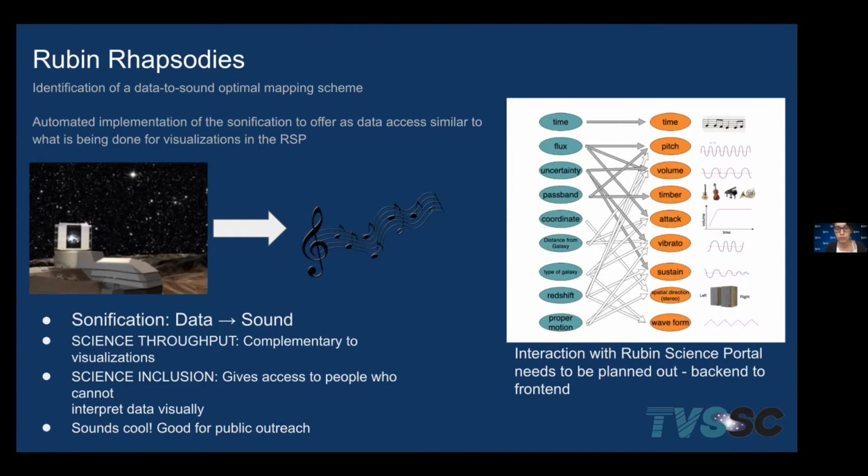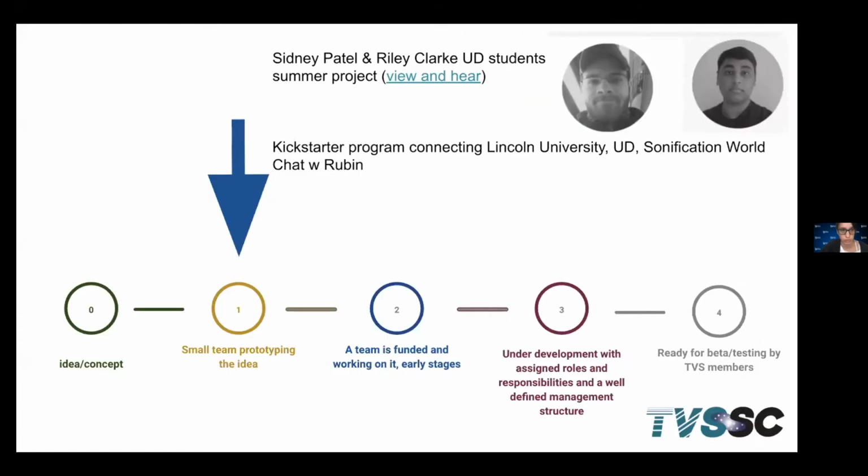So the software development work would take first the approach of identifying what is the best mapping of properties of the Rubin data into sound elements, and then to automate the generation of the sound, the sonification of the Rubin data. The particularly difficult hurdles are in the integration of this with the Rubin Science Platform to make it accessible to all users.